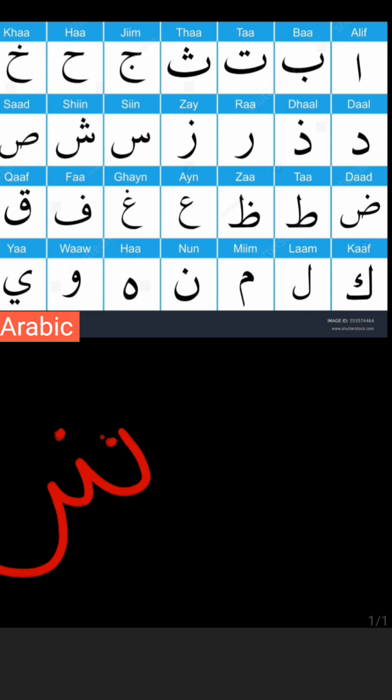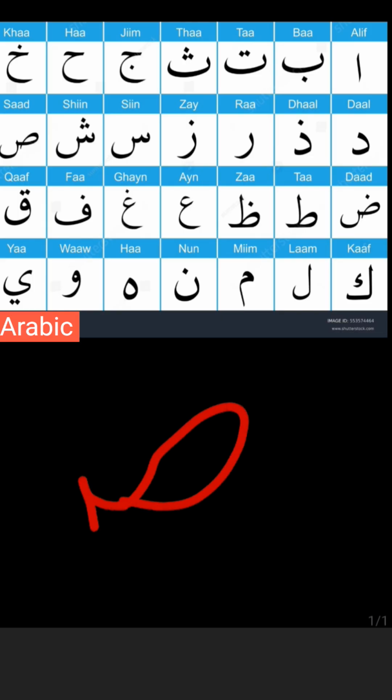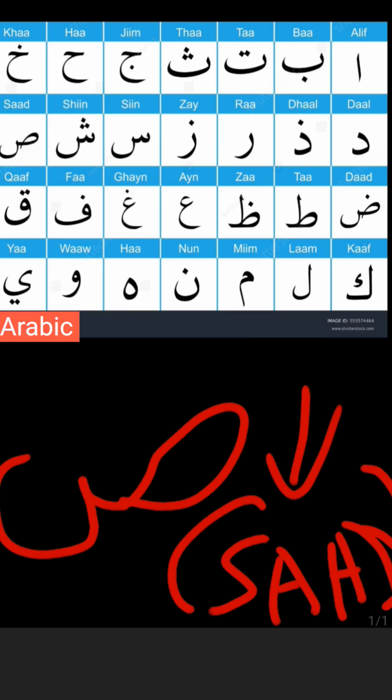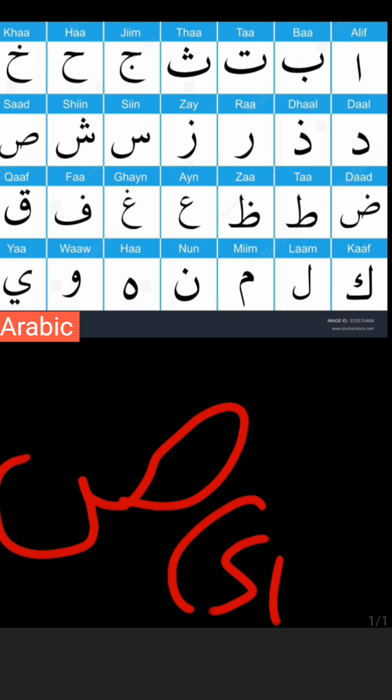The next letter we have is sawed. The name of the letter is sawed. And the sound is like a deep seen.